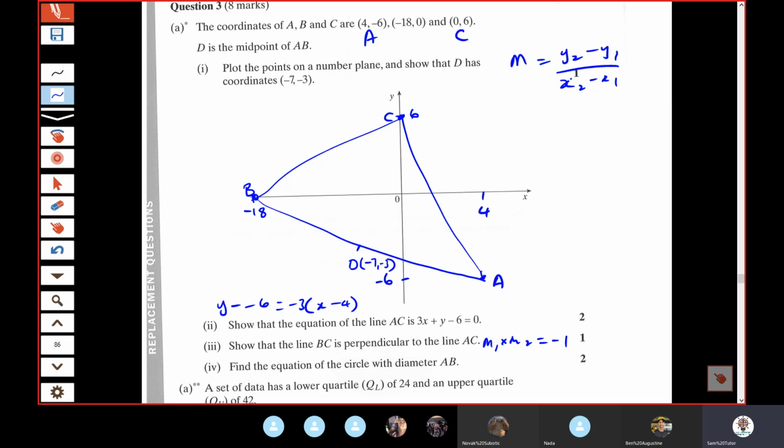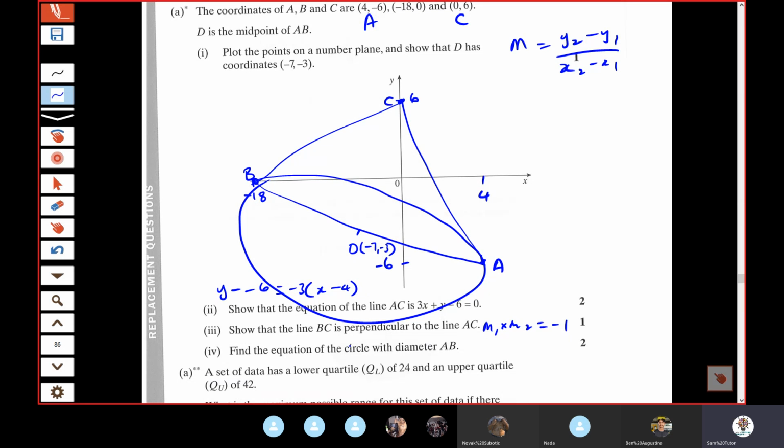Find the equation of the circle with diameter AB. Equation of the circle that has a diameter of AB. Fair enough. Well, we know the center, which is -7 and -3. Anyone got IV out? Did you get it out?